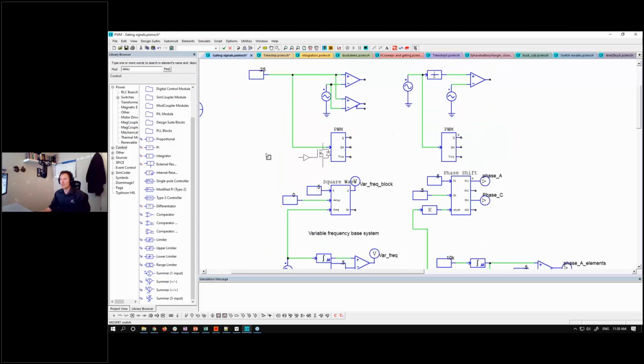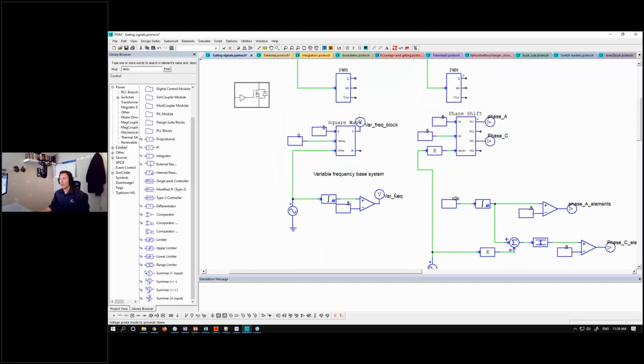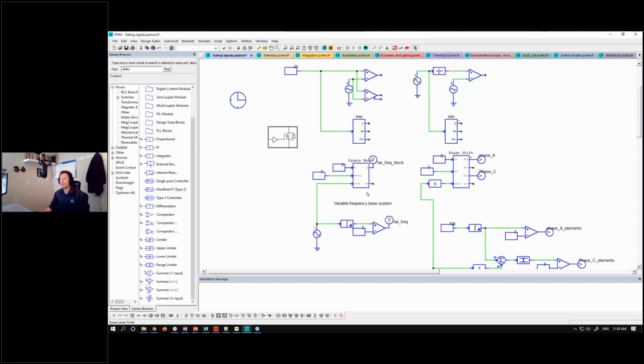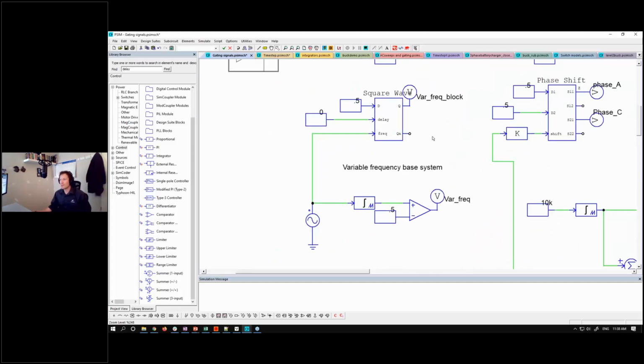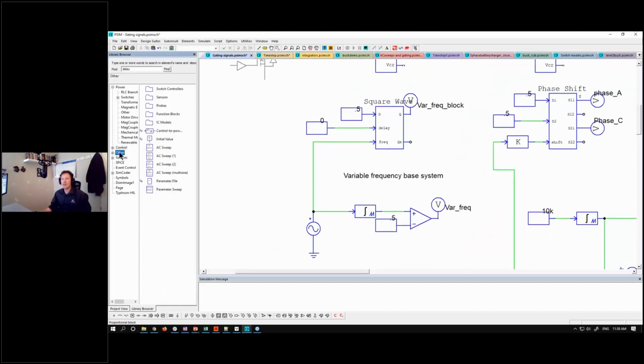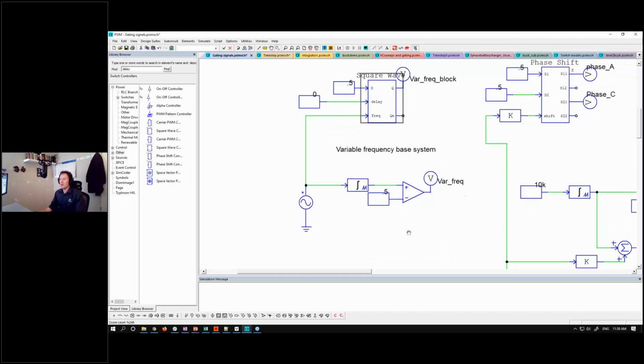Okay, driving into some more interesting waveforms down here. A lot of people ask about variable frequency for LLC simulation. In the library there is a switch control element that provides a variable frequency with whatever duty cycle you want. That's this main block, but under the hood is this.